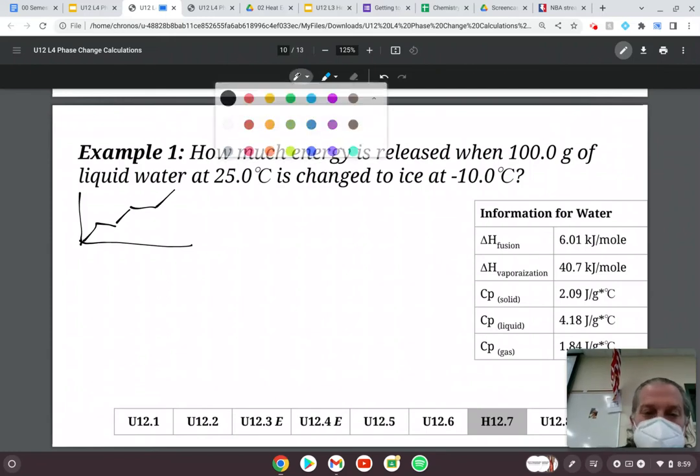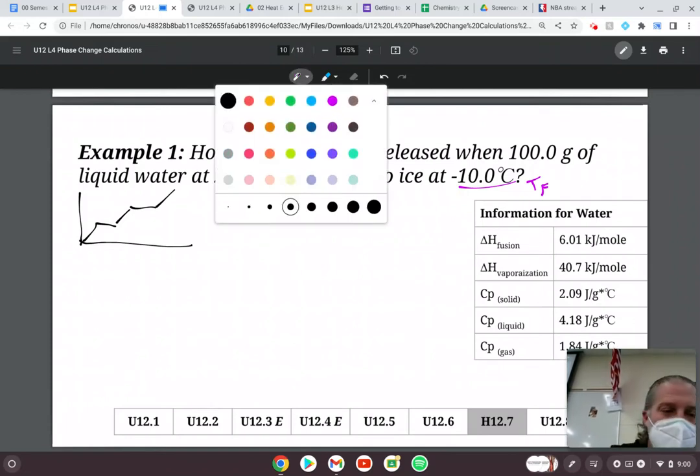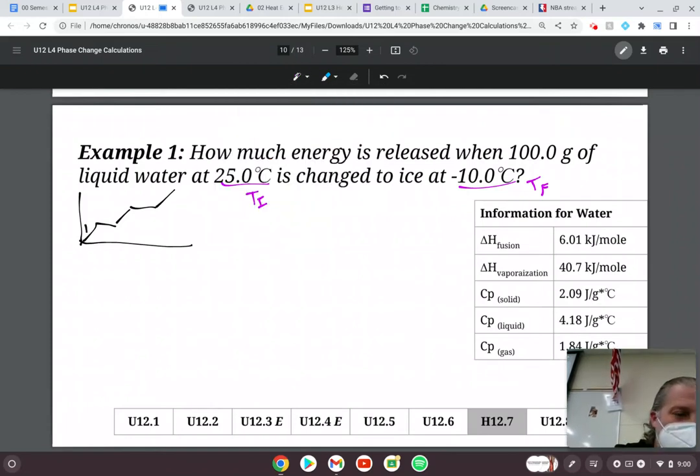Our initial temperature is this, and our final temperature is this. So far, so good. Thinking back to the heating curve of water, with regions 1, 2, 3, 4, or 5, right?